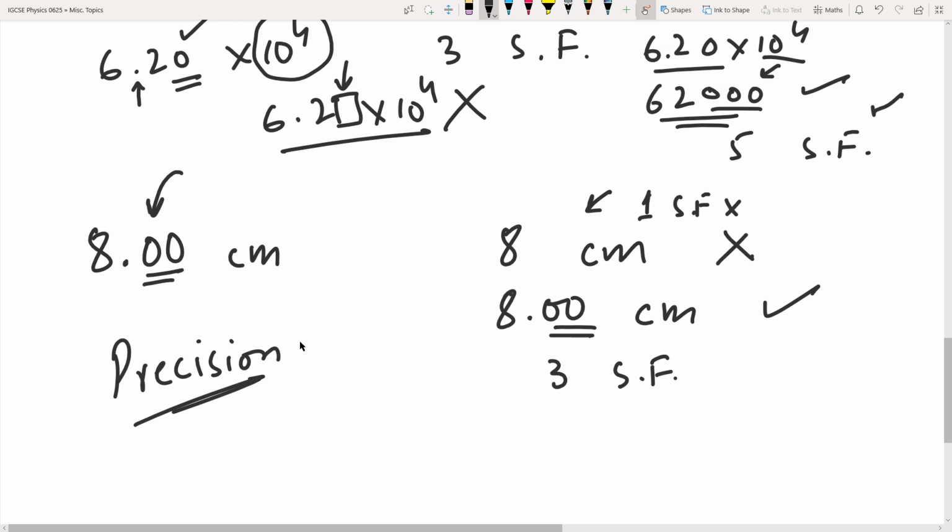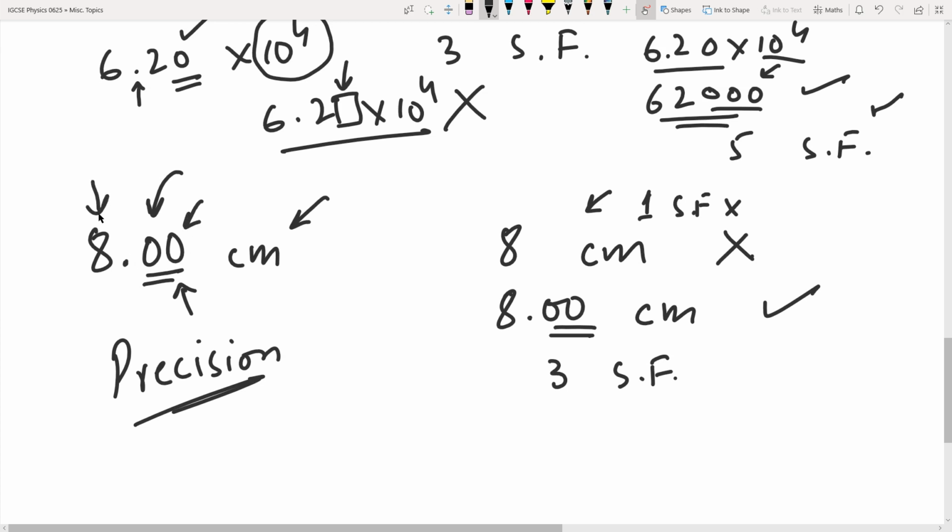It is the closeness between the values, and we can only relate closeness or the least count by these zeros. So these zeros actually represent how small a reading can be taken by an instrument. Let's say if I'm taking this reading using a vernier caliper, then I must write these zeros because a vernier caliper can actually read to these zeros.